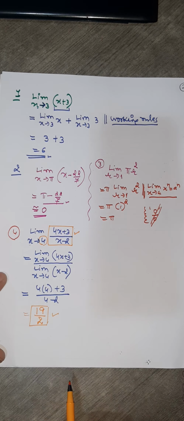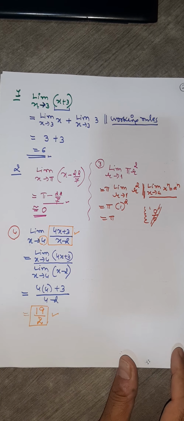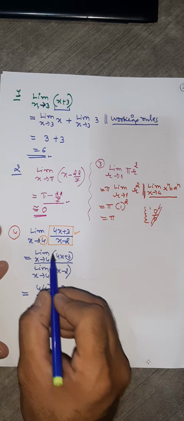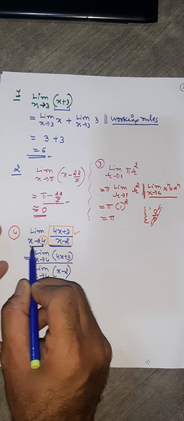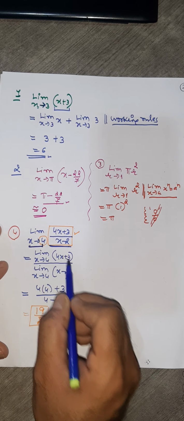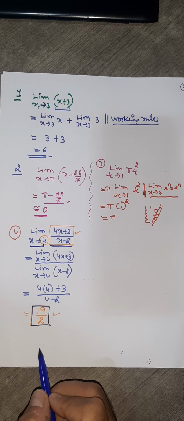That is what we understand by the concept of limits, remember. I repeat, whenever this number is very close to 4, then this function is very close to 19 by 2, and that is declared as the limit of the function.